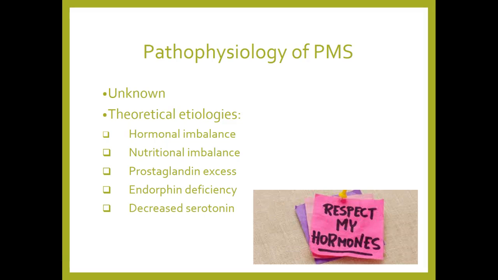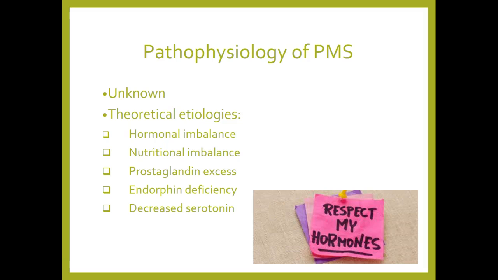You guys do not have to know the details of these. And then endorphin deficiency. There are decreased levels of monoamine oxidase, which is associated with depression. And there is also decreased serotonin, and that can cause mood swings.